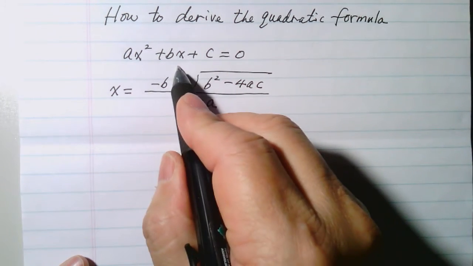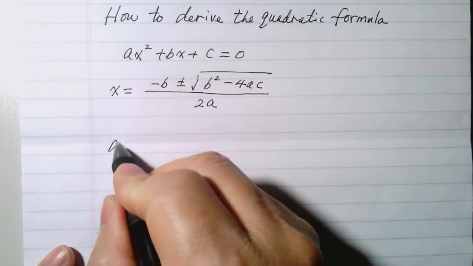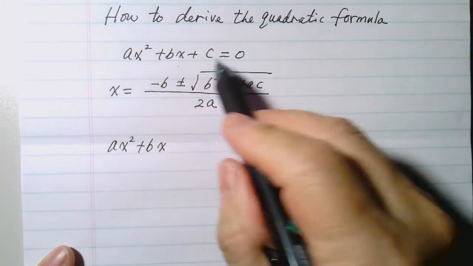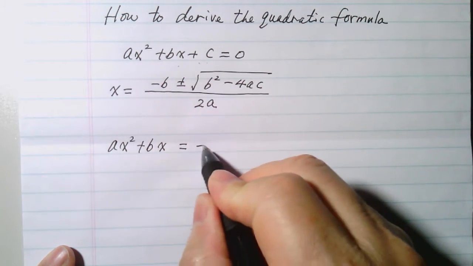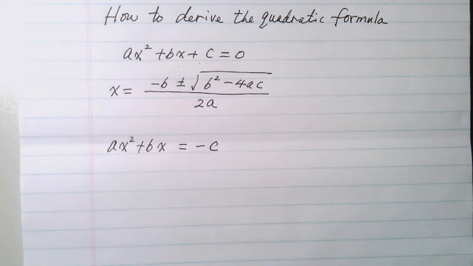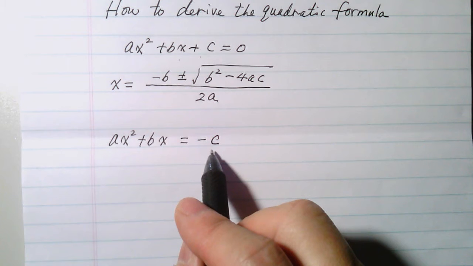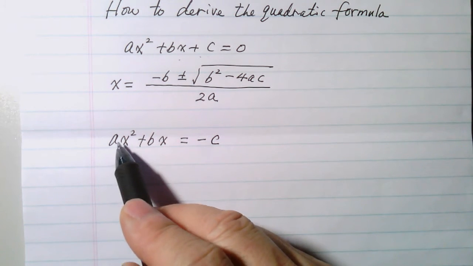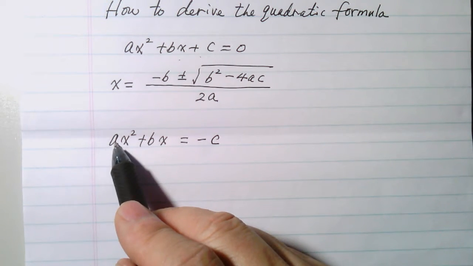ax squared plus bx plus c equal to 0. We rewrite this equation as ax squared plus bx, subtracting c from both sides, so that equals negative c. Because we want to complete the square, and normally we want the leading coefficient to be 1, but now it's a.